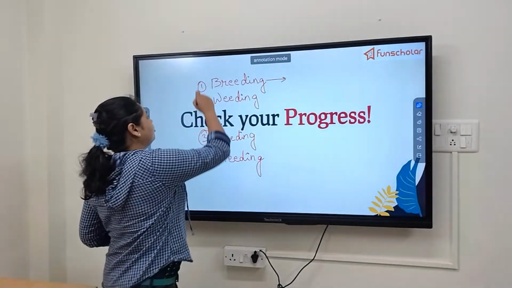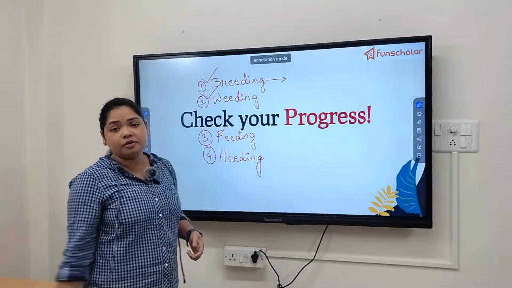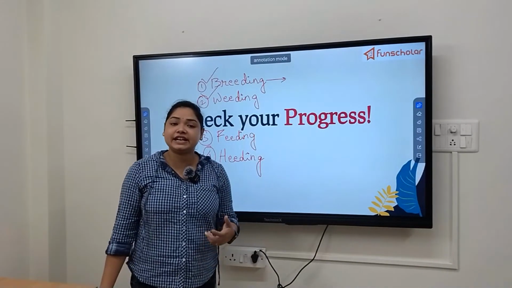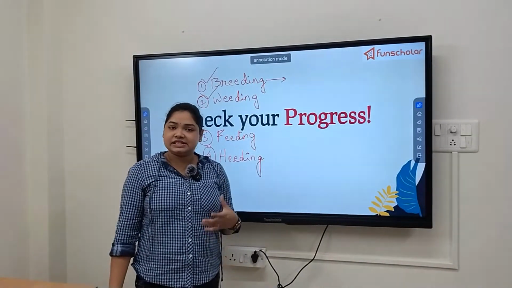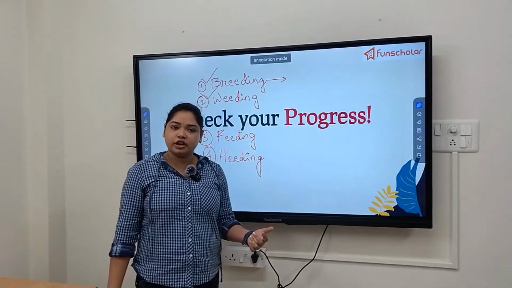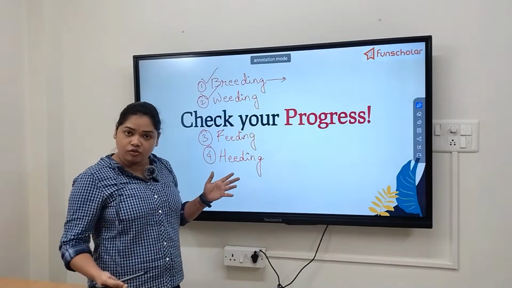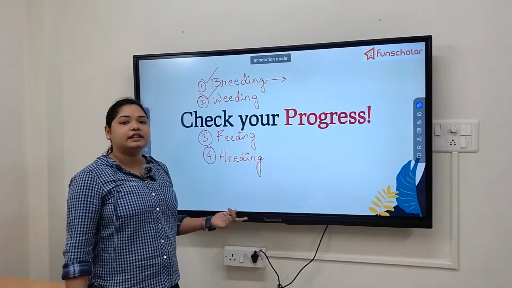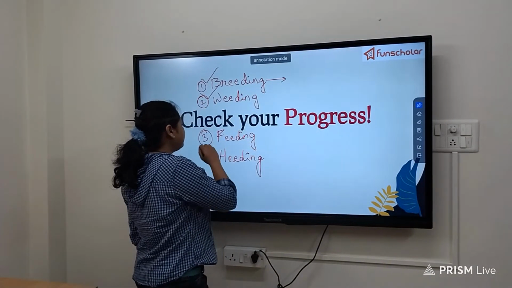So, that is what breeding means. Then what do you mean by weeding? Weeding means separation of the sick animals, so that all the animals are not sick at the same time. Therefore, the animals which get ill are separated out, treated and then taken back. So, that is weeding.